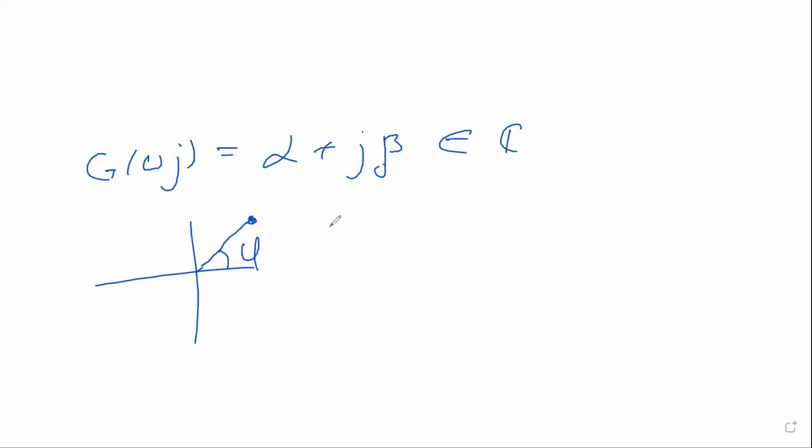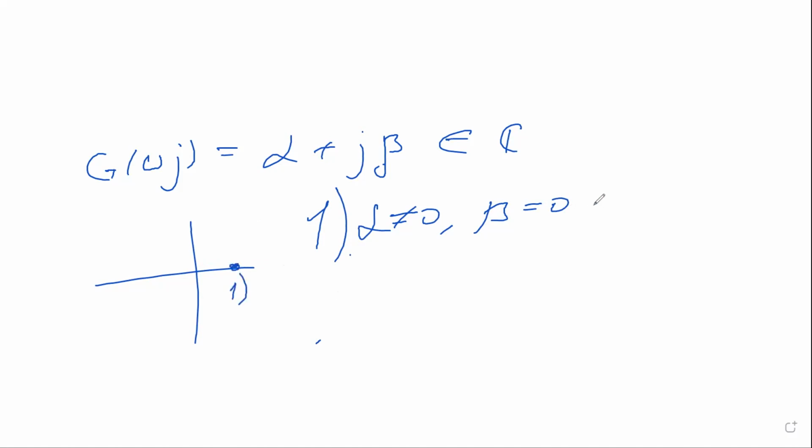If alpha is not 0 and beta is equal to 0, then this is the case, and this means the phase is equal to 0.